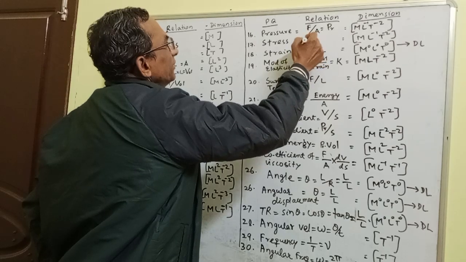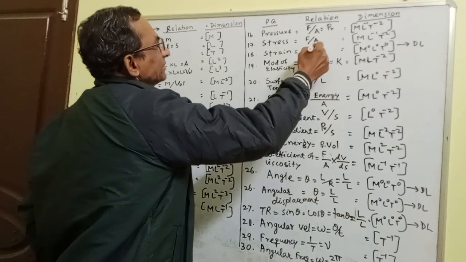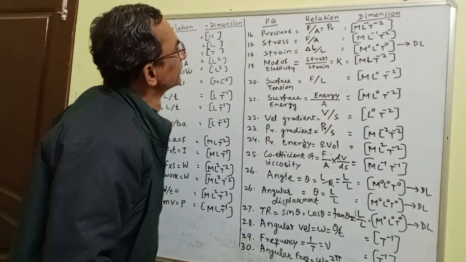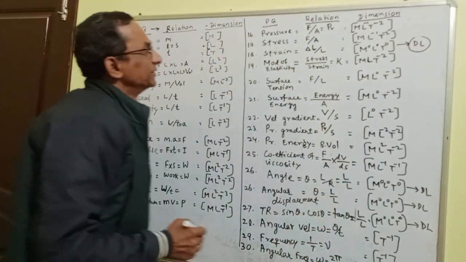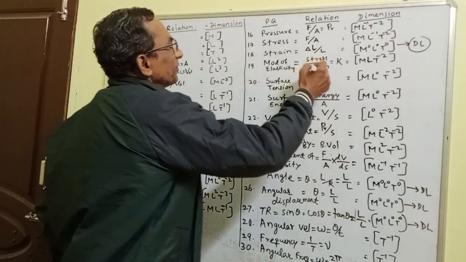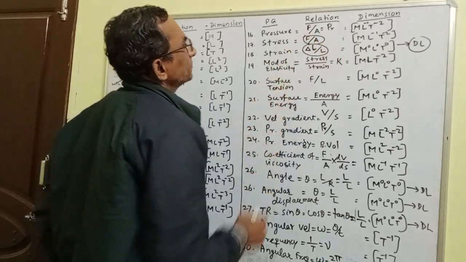Again, the restoring force per area. Strain is change in length by original length. It's length by length, hence it is a dimensionless quantity. Modulus of elasticity is stress over strain. This is stress and this is strain.